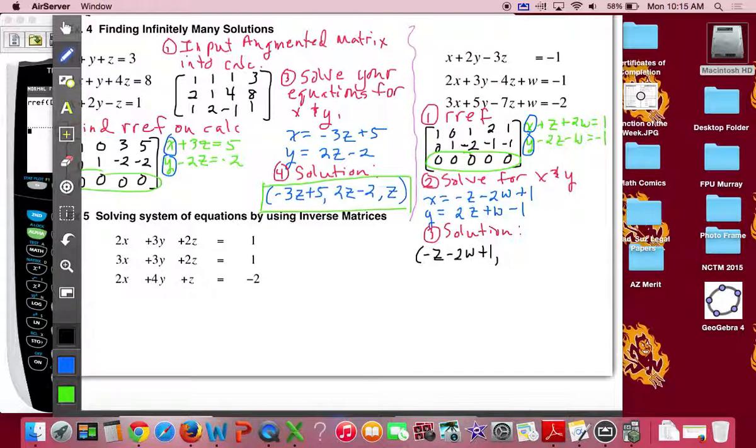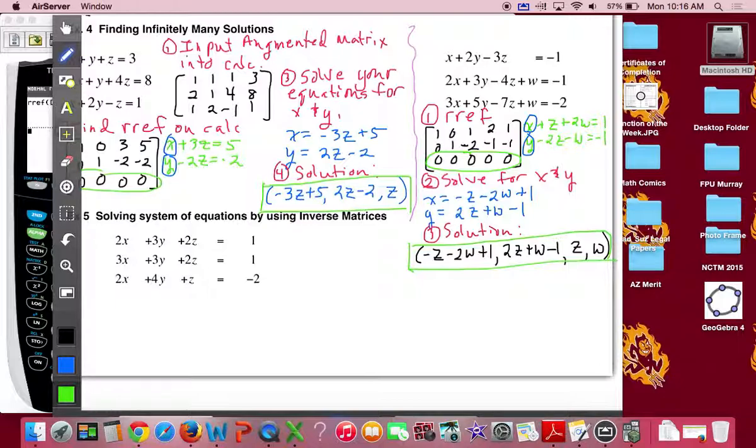Our y value is 2z plus w minus 1, comma. We have no information on z or w, so z is z and w is w. And so unless your homework MathXL gives you values for z and w, we could go all day and find infinite solutions to these, depending upon what you make z and w.